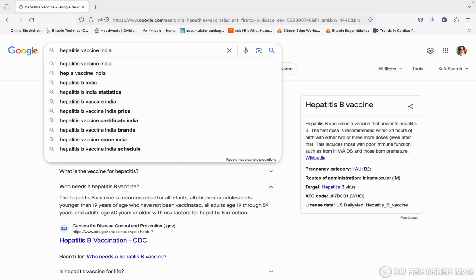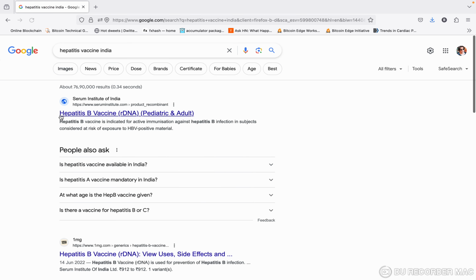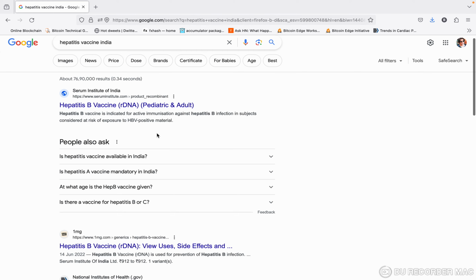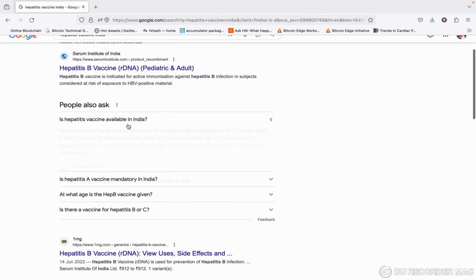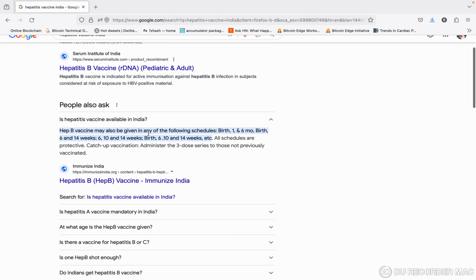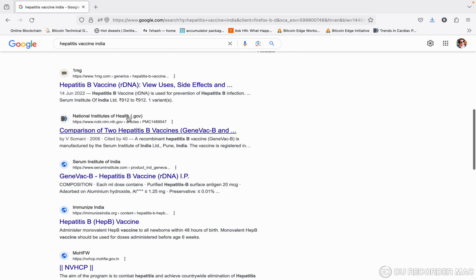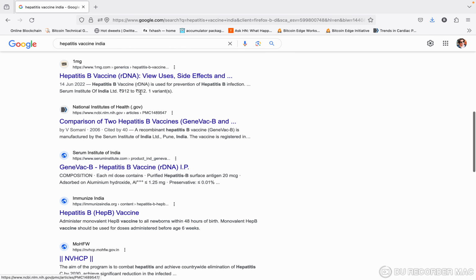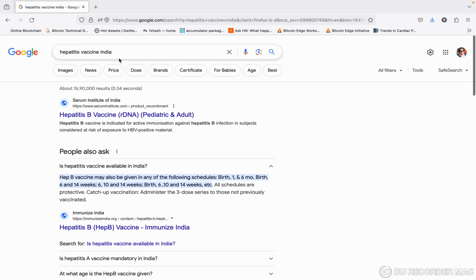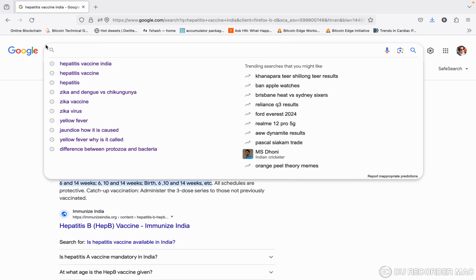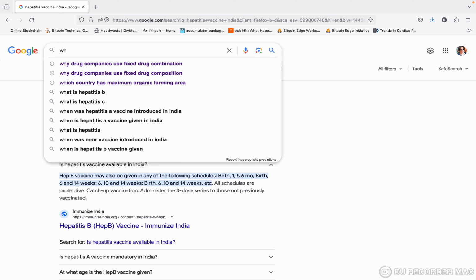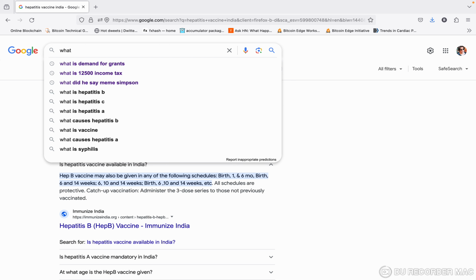Let me check if the hepatitis vaccine is there in India or not. Is the hepatitis vaccine available in India? Okay, it is given in India. So let me check what vaccines are given in India by the government.